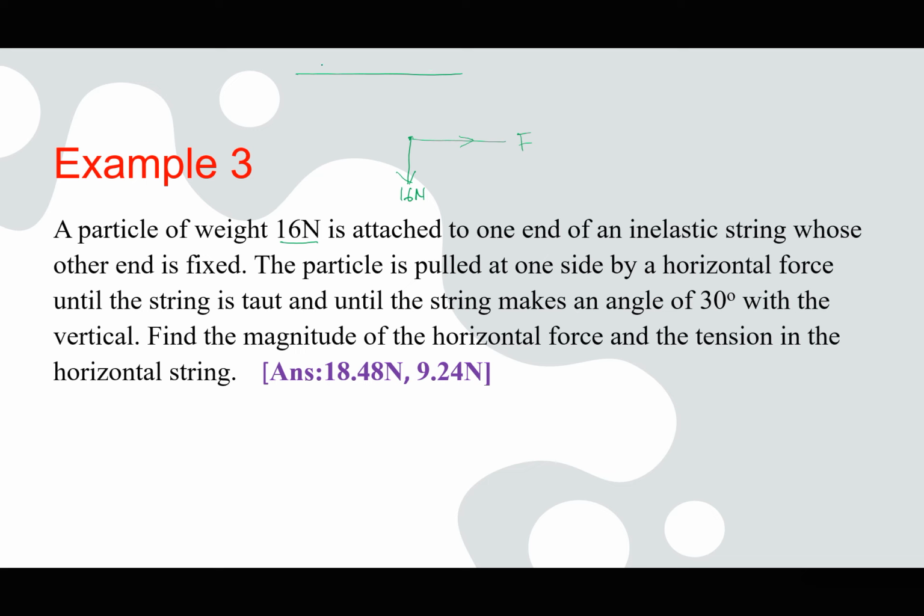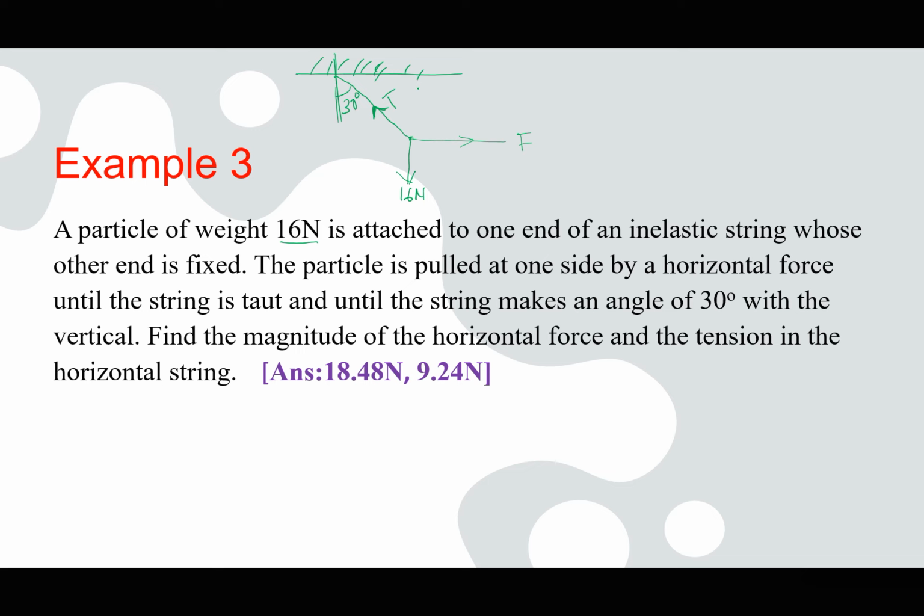So it is supported somewhere, and it is pulled until it makes an angle with the vertical of 30 degrees. So there's tension here. I think that is a sketch.